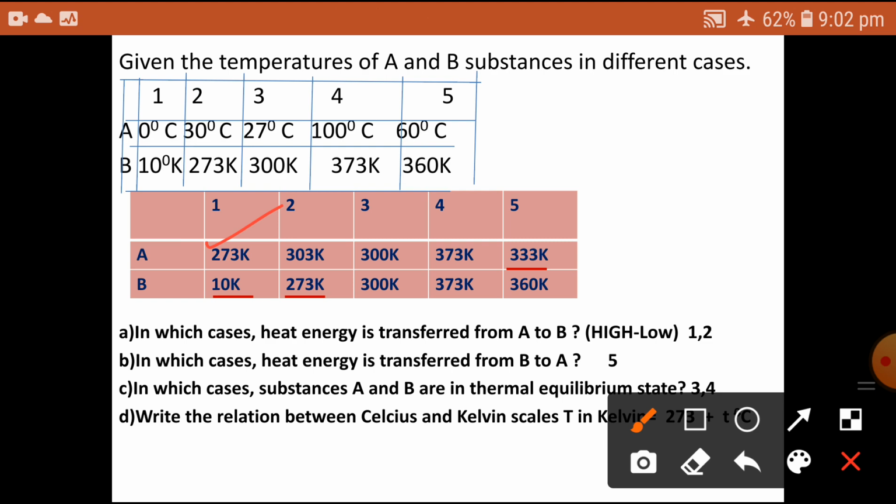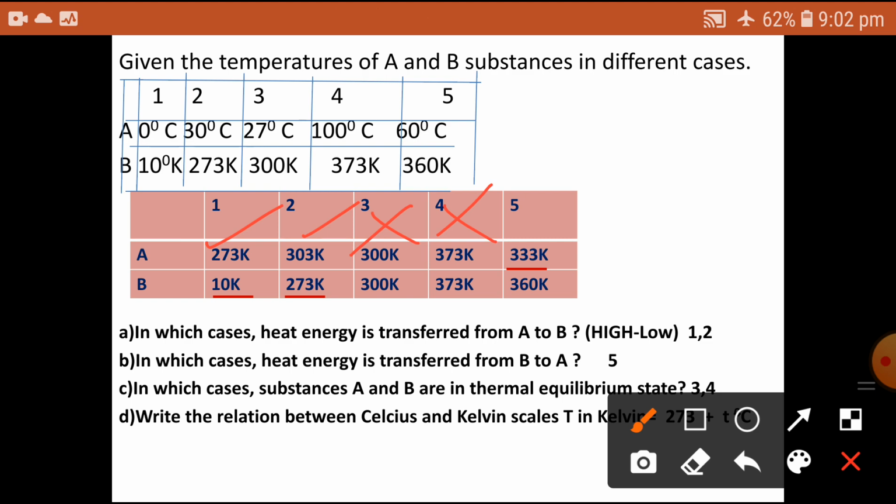Here in the second case 303 and 273. So A is at higher temperature. And in the third case, if you see, both are at the same temperature. So they are in thermal equilibrium. In the fourth case, A is at 373, B is also at 373. So no heat transfer.